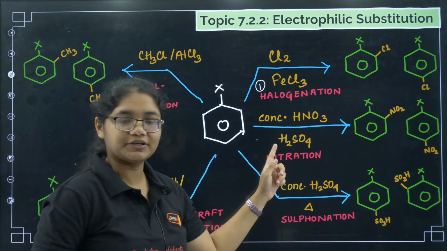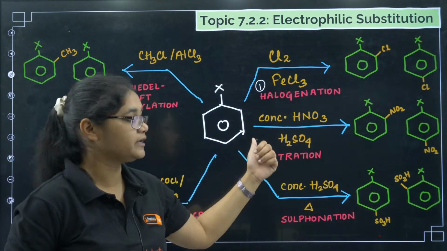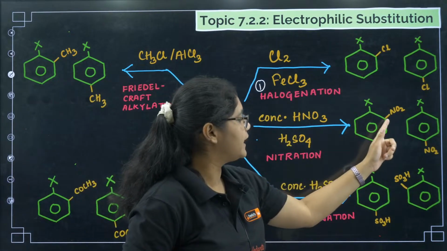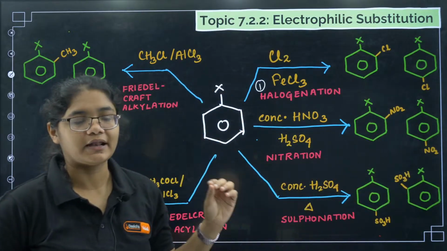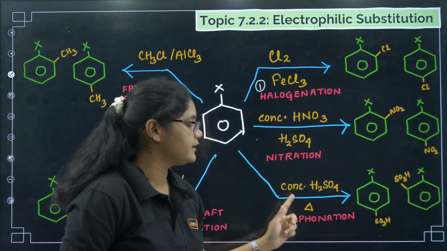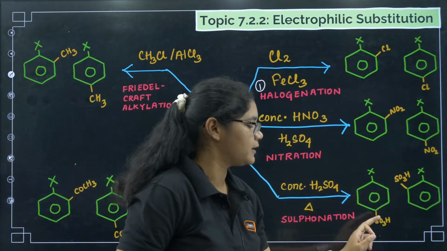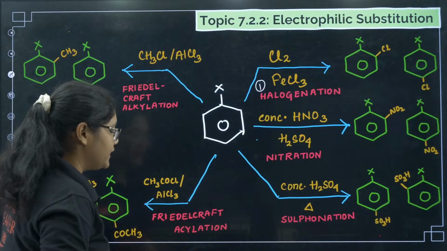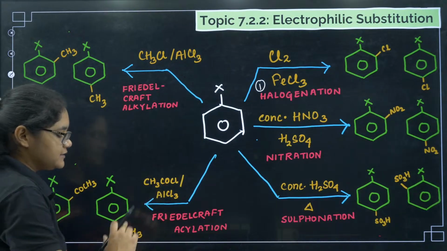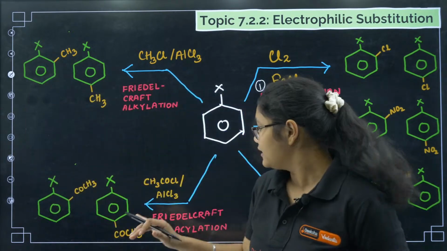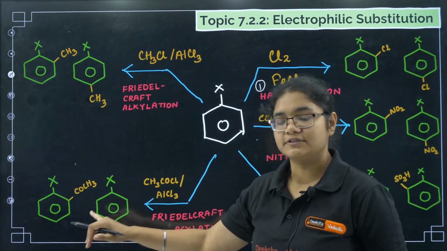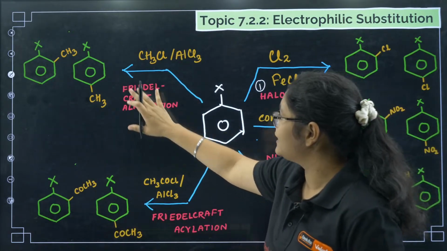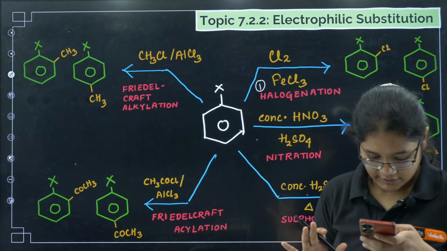Next, for nitration, you can use concentrated HNO3 and H2SO4 and you will get nitro groups at ortho and para positions. Similarly, with concentrated H2SO4 you will get the SO3H group at ortho and para positions. Friedel-Crafts acylation, CH3COCl, AlCl3, you will get products at ortho and para positions. Simply, Friedel-Crafts alkylation will give you these products.